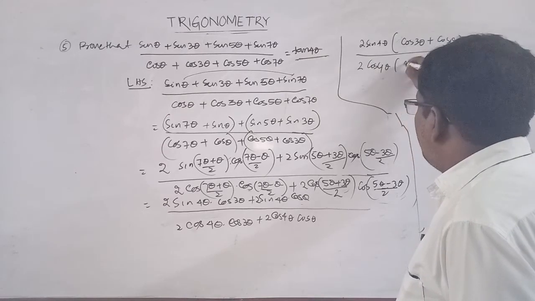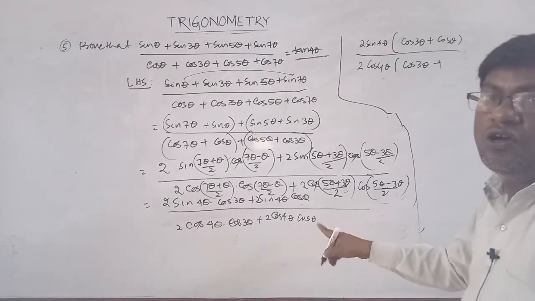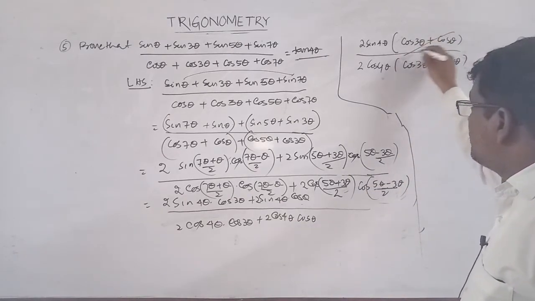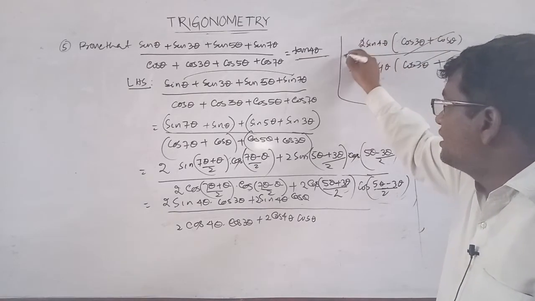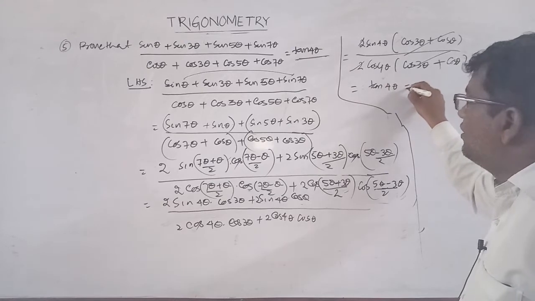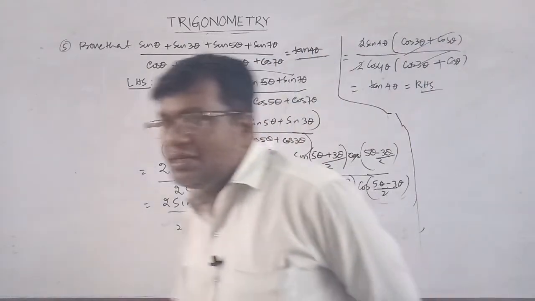This is cos 3 theta plus cos theta. So this term cancels, the 2 cancels, and this is tan 4 theta, which is equal to the right hand side.